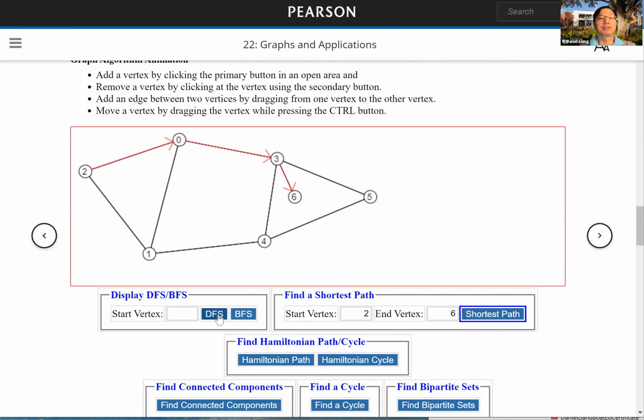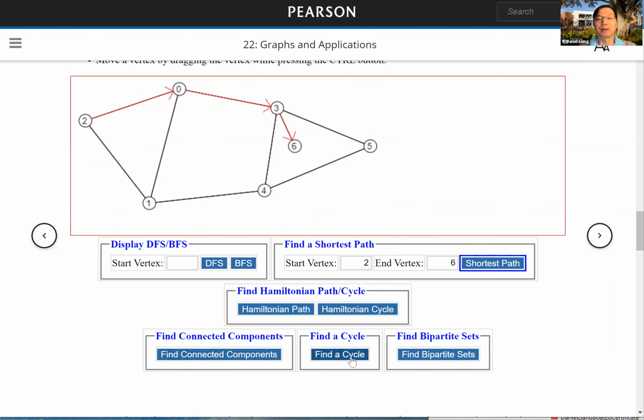And you can also find the depth first search tree, breadth first search tree, Hamiltonian path, Hamiltonian cycle, and find connected components, find a cycle, find bipartite sets. So we're going to look at all of this in this chapter and also in the exercises.